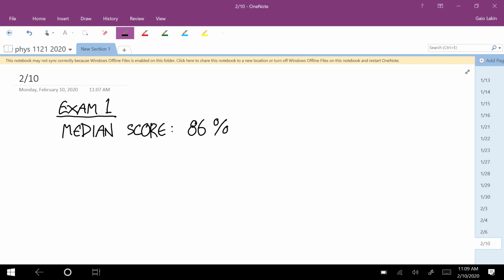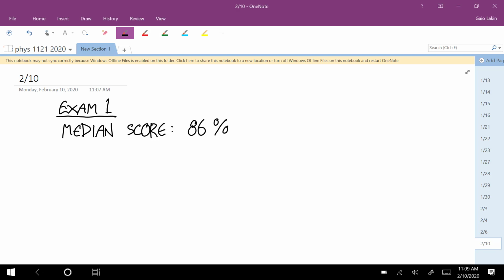But I want to talk about something here that I mentioned at the beginning of the semester. This class, whether I teach it or whether anyone else teaches it, of the people who register for this class at the beginning, regularly 30 to 40% of those people end up with D's or F's or W's.